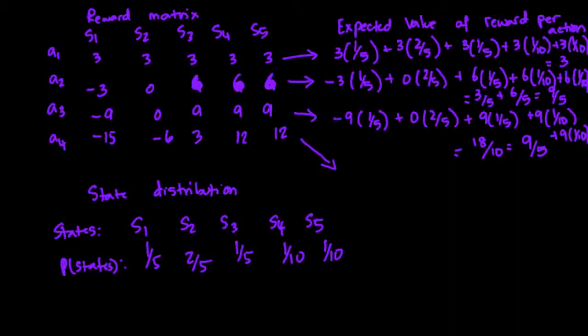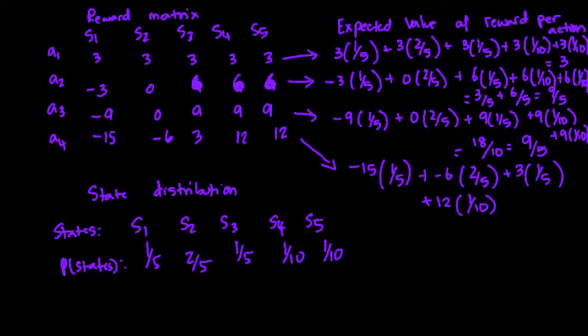And the last case, the expected value would be a negative 15. A reward of negative 15 would happen with a probability of 1 over 5. A reward of negative 6 would happen with a probability of 2 over 5. 3 times 1 over 5 plus 12 times 1 over 10 plus 12 times 1 over 10.